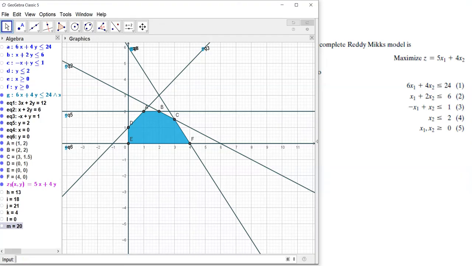So you can see that the value at C is 21, and that is the highest value of z among all the corner points. So this is the solution of this problem. The maximum value of this function is 21 at x1 equals 3 and x2 equals 1.5. So that's all for today.